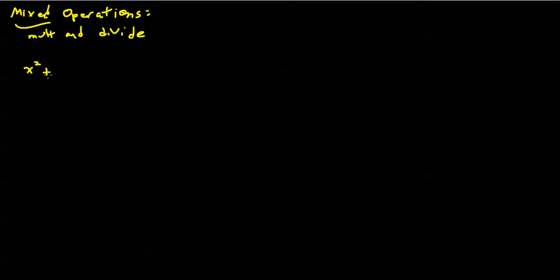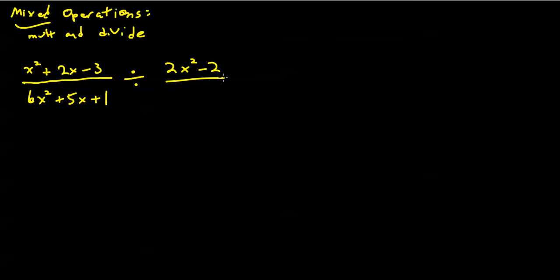X squared plus 2x minus 3 divided by 6x squared plus 5x plus 1. That is my first rational expression. I'm going to divide that by another rational expression, 2x squared minus 2 divided by 2x squared minus 5x minus 3.